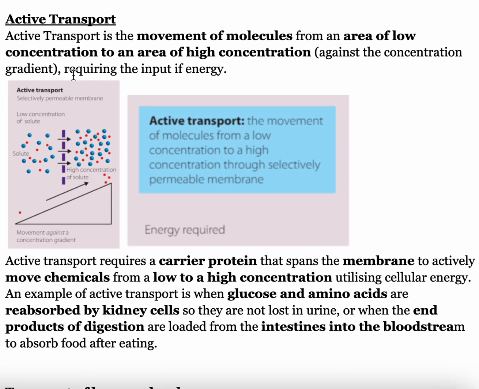Now we're going to talk about the second type of transport, which is active transport, and it requires energy. So do y'all remember what active transport was? Yeah, it's movement from an area of low concentration to an area of high concentration.